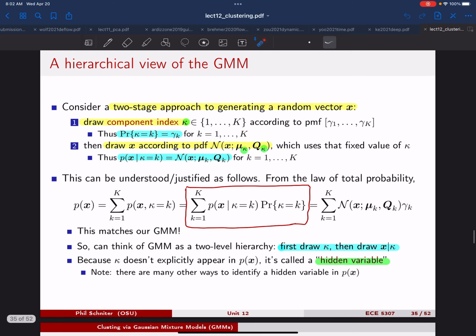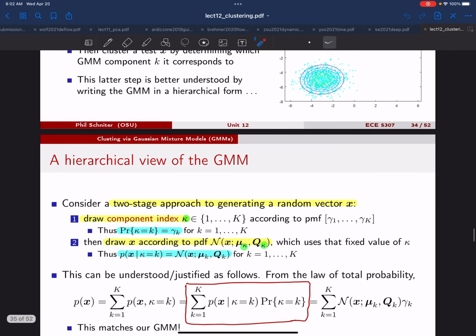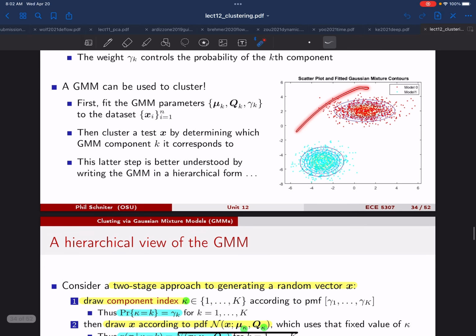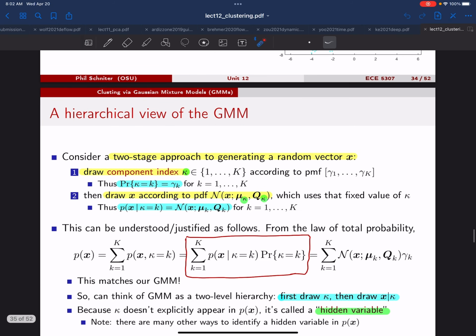And importantly, we said that we can think of this as a hierarchy where there's a hidden random variable, which we call kappa, that tells you which of these capital K clusters the point lies in. Given that you're in cluster little k, this would just be a Gaussian with mean mu k, covariance Q k.